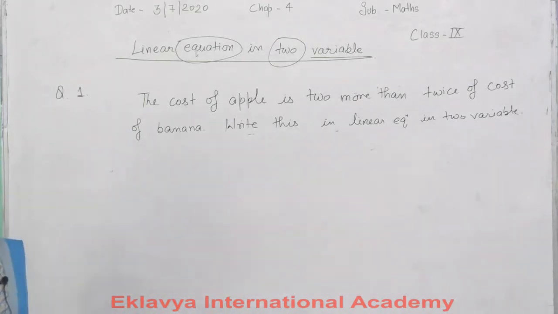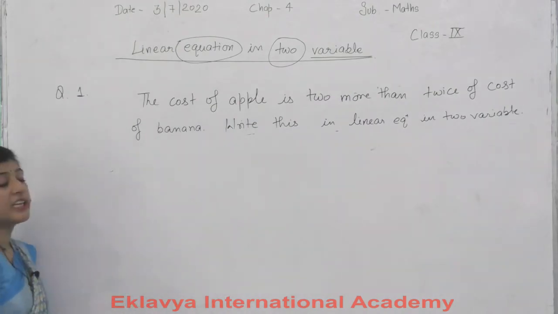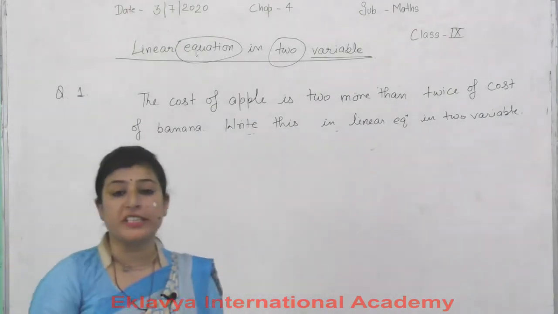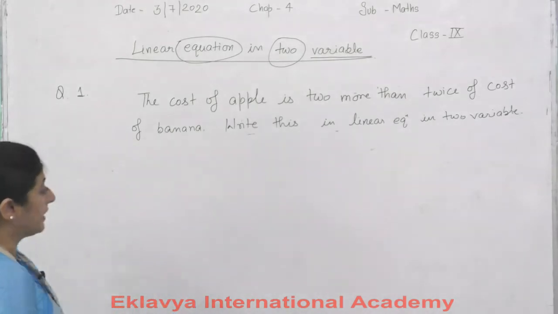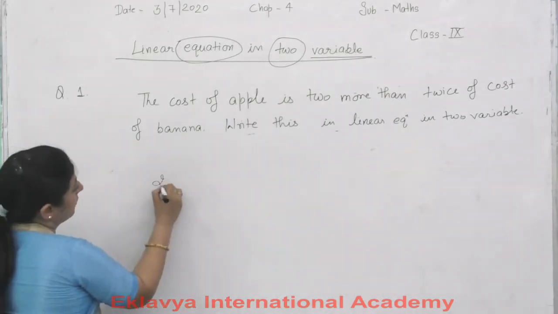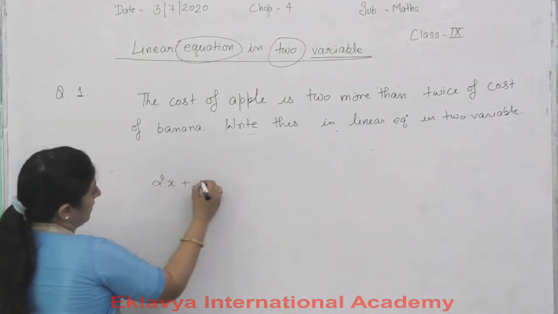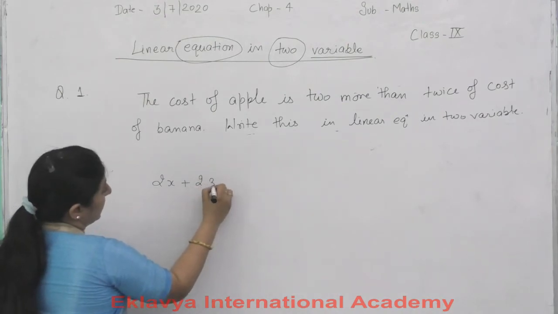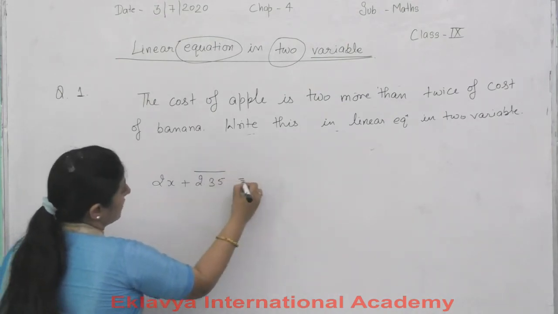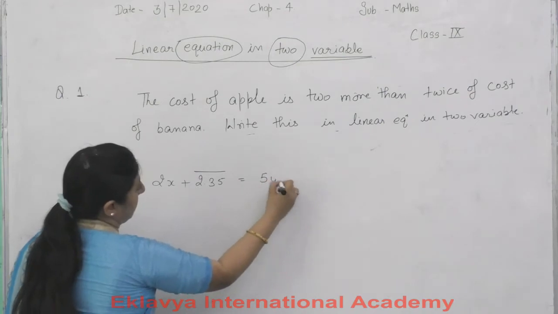Now see the next topic, the standard form, questions related to the standard form of a linear equation in two variables. Suppose I write 2x plus 2.35 bar is equal to 5y.